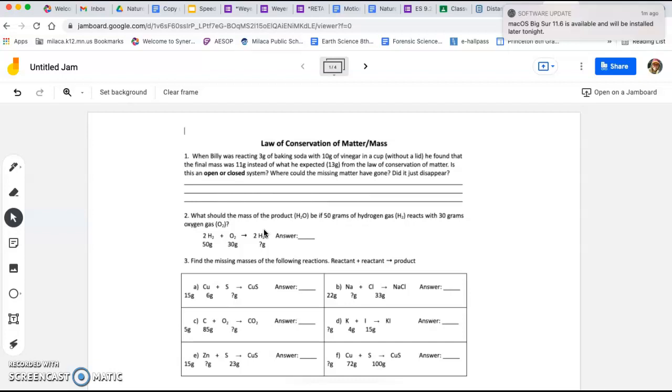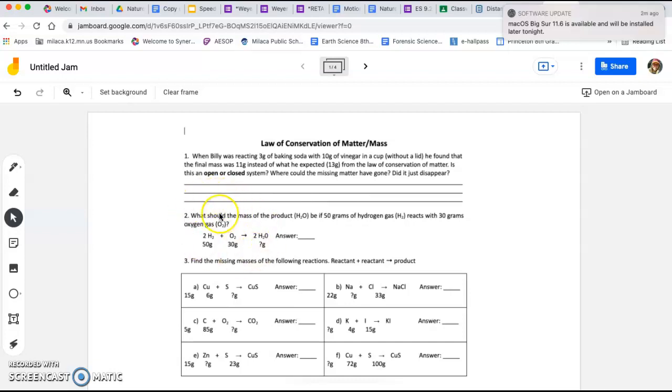If I leave a test tube uncapped, then that's an open system, and I might lose some of that matter or mass to the outside. So for this worksheet, we are going to assume that all of these systems are closed, unless I tell you otherwise.